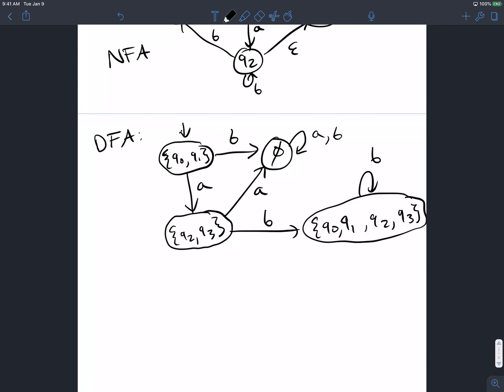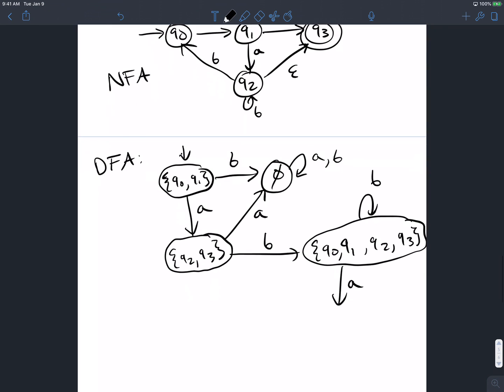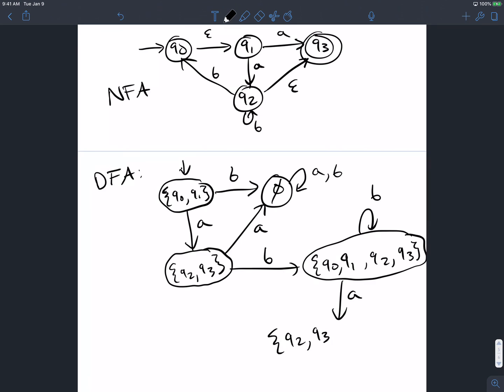But what about on A? Well, where does 0 go on A? Nowhere. Great. 1 on A. So 2 and 3. 2 and 3 so far. Where else can we go? What about Q2 on A? Where does it go?